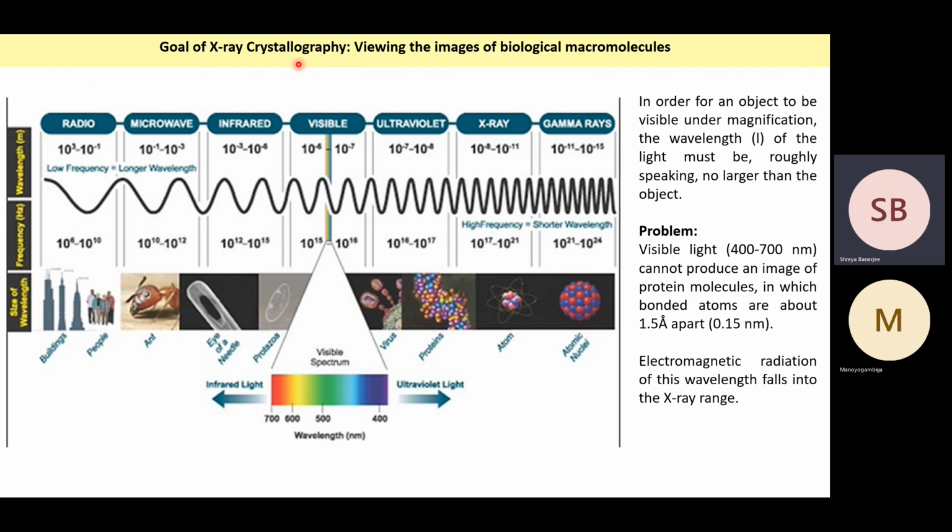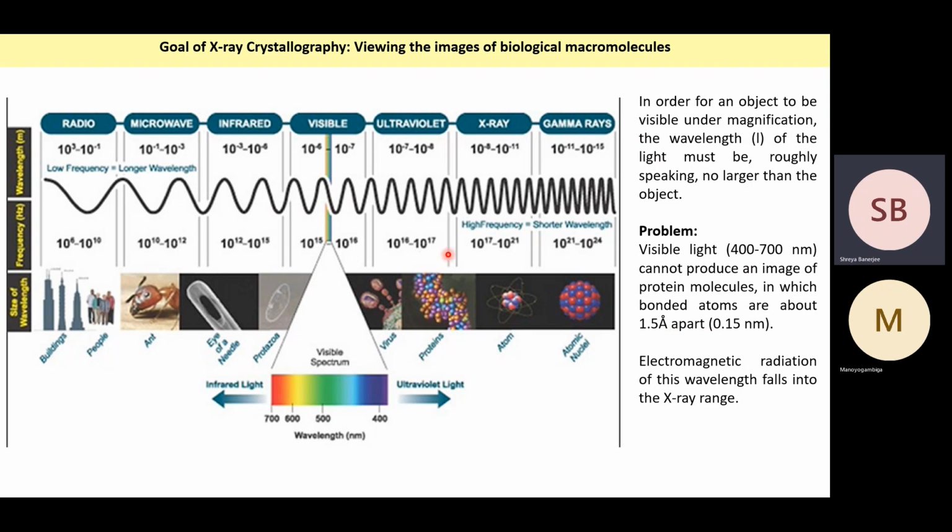So what is the goal of X-ray crystallography? Basically, in order for an object to be visible under magnification, the wavelength of the light must be, roughly speaking, no larger than the object. Visible light, which is in the range 400 to 700 nanometer, cannot produce an image for protein molecules in which the bonded atoms are about 1.5 angstrom or 0.15 nanometer apart.